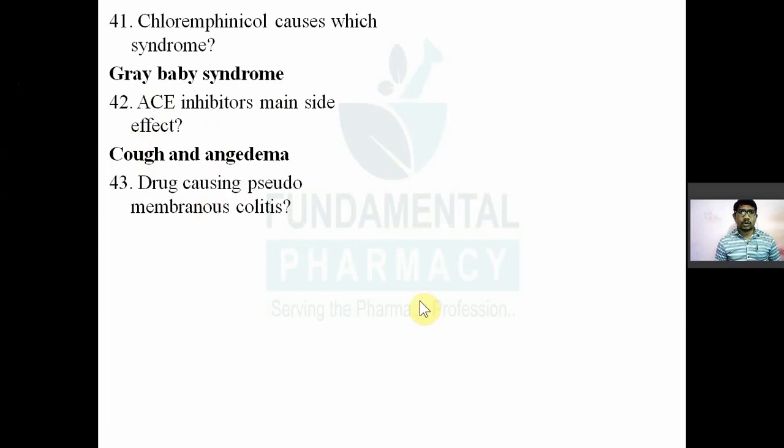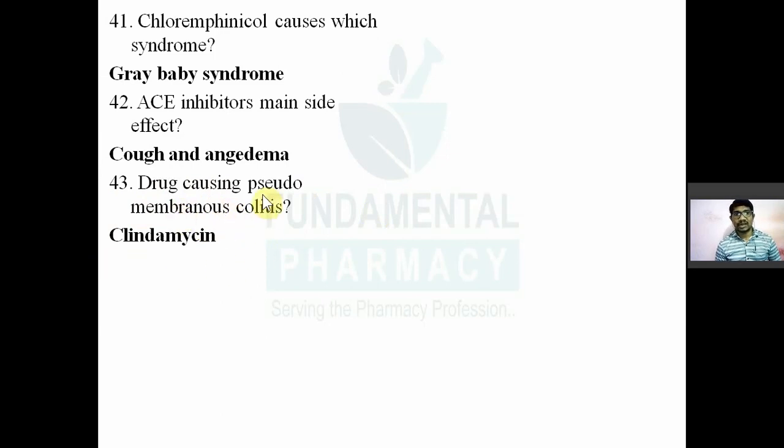Drug causing pseudomembranous colitis. Which drug causes pseudomembranous colitis? What is pseudomembranous colitis? It is an inflammation of your GIT. The answer is clindamycin. The adverse effect of clindamycin is pseudomembranous colitis.